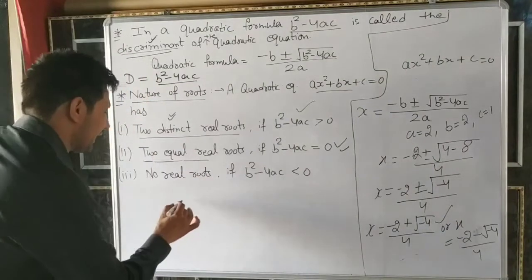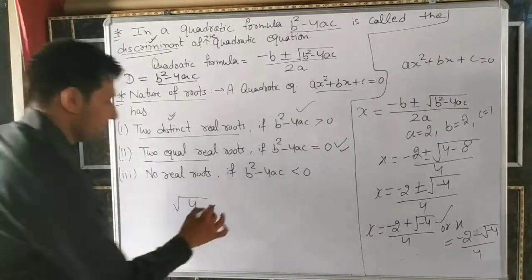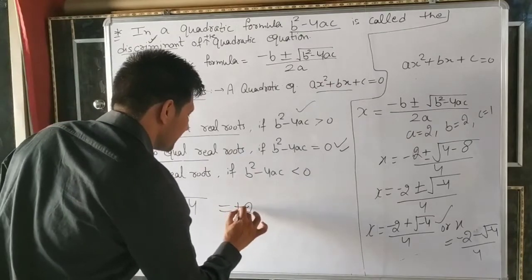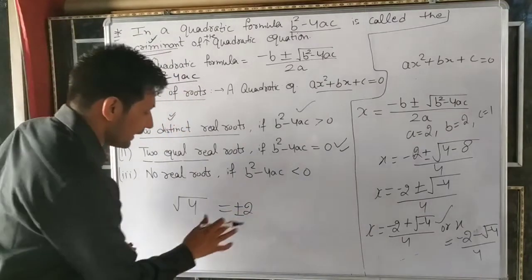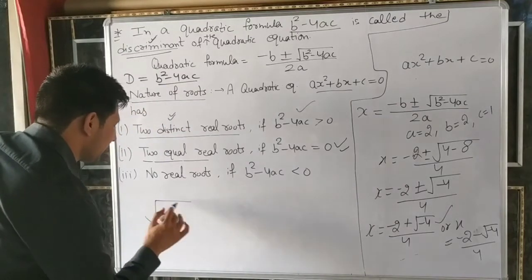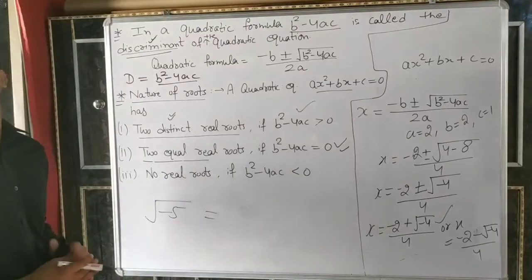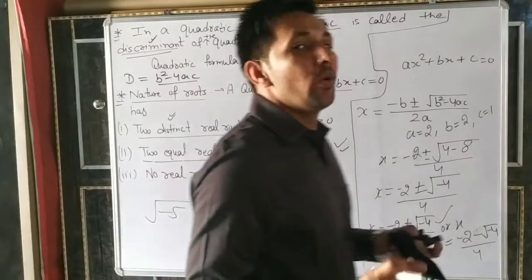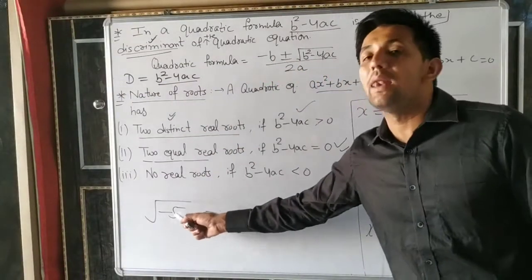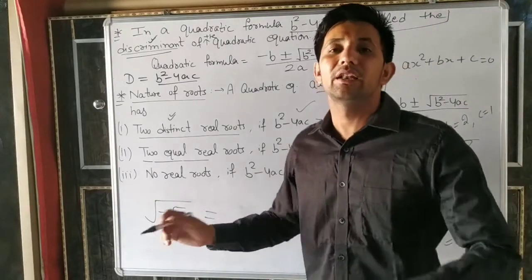Because it is real whenever under the root is a positive number, giving plus minus 2. But whenever there is any negative number under the root, we don't know what its value is. It is called a complex number, and we learn it in the 11th class.